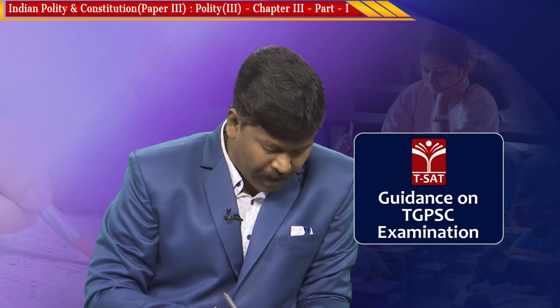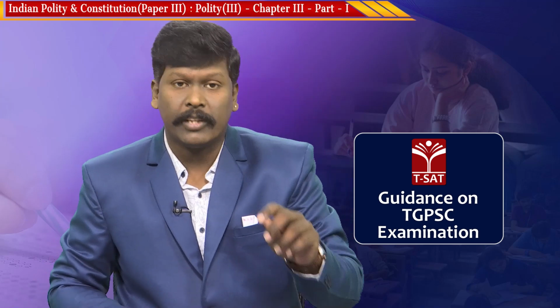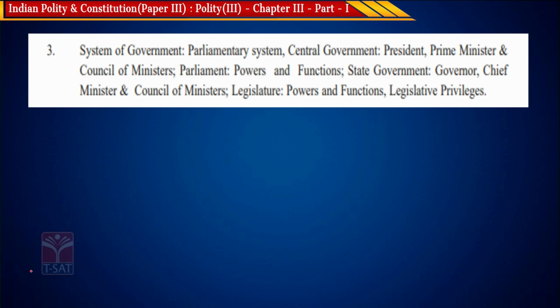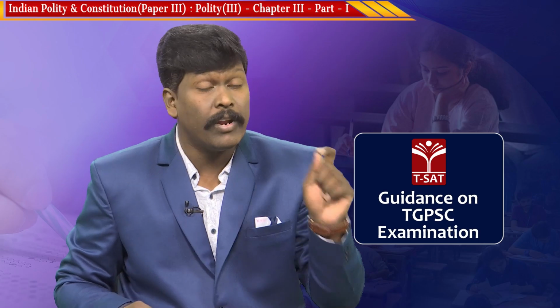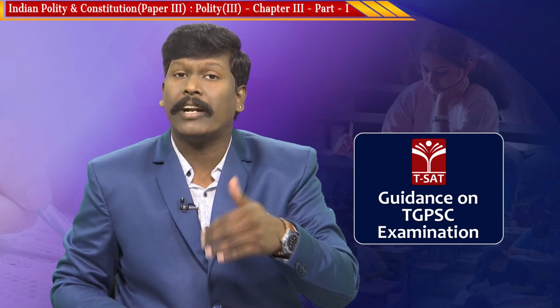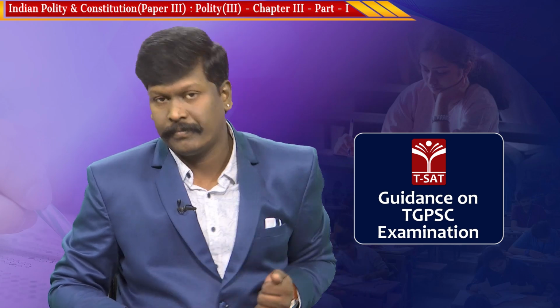What is the syllabus we have in Chapter 3, friends? Chapter 3 is all about Union and State Executive. That is your Part 5 and Part 6 of the Constitution.